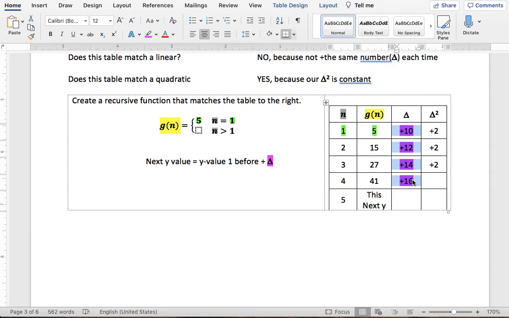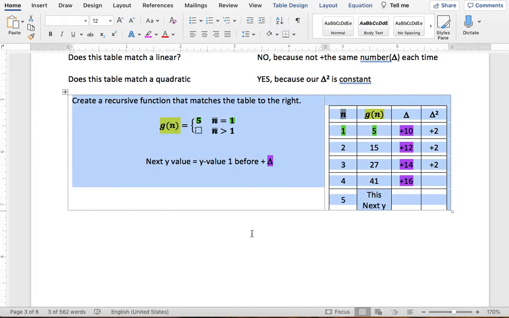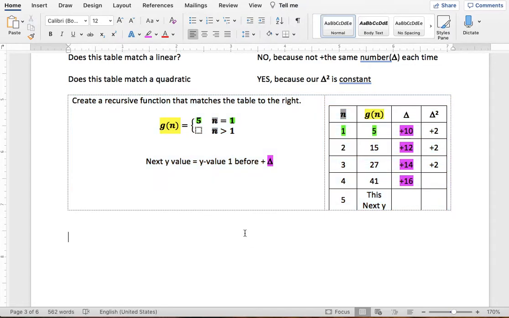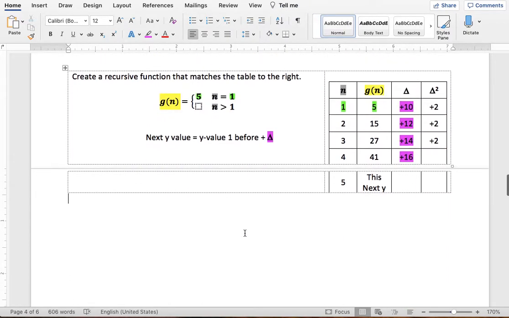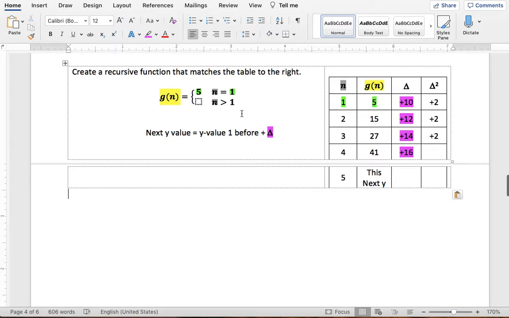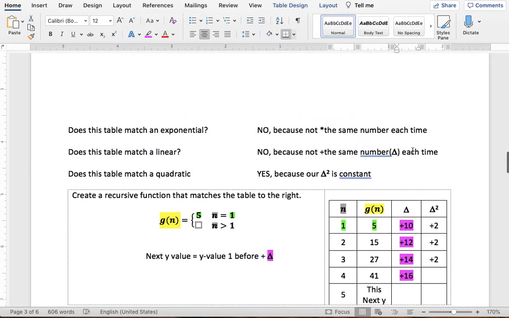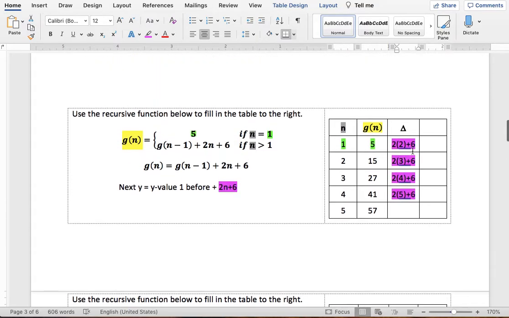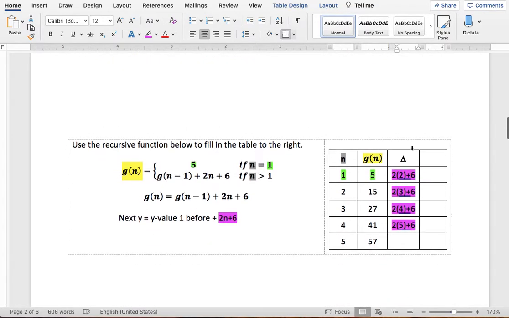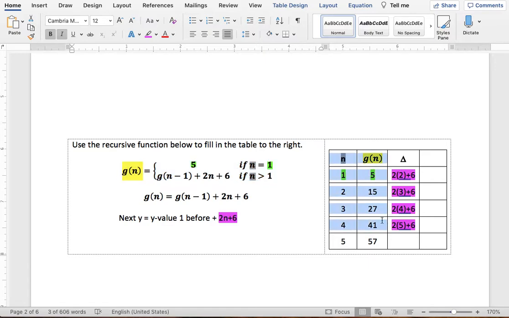How do we create an equation for this red column? I'm just going to copy that whole table, and let's mess around with this table here. So in order to create this red column, let's look at when we were first creating that red column, when I was going from the recursive function to our table of values.